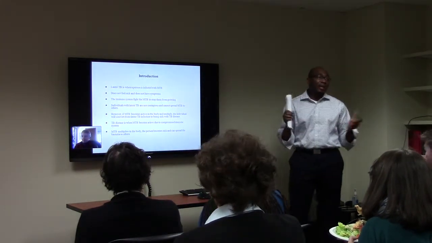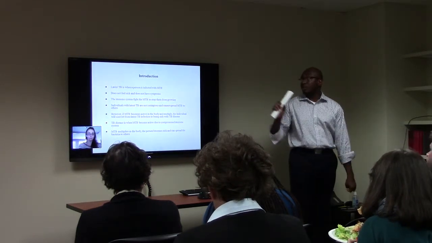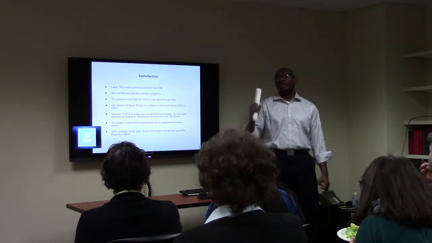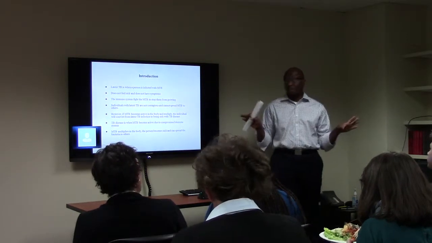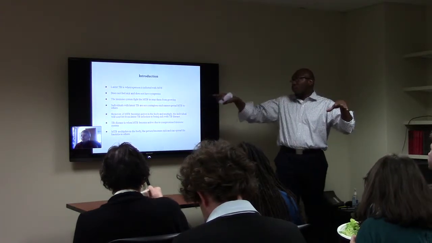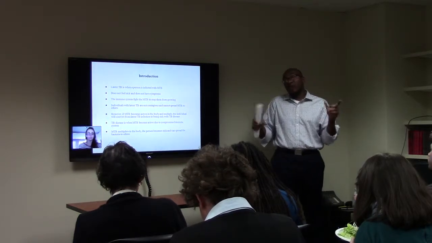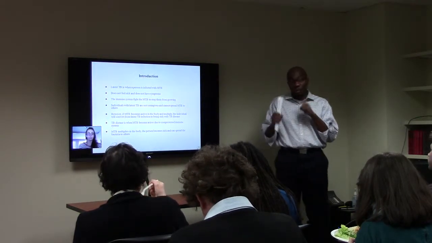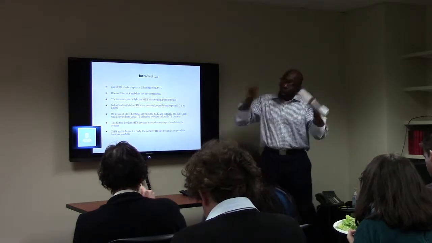Tuberculosis can be divided into two: latent TB and the active form of TB. The individual with latent TB does not feel sick, and they don't have any symptoms of the disease, because the immune system is keeping the MTB, that is the Mycobacterium tuberculosis, in check. However, if there's anything that compromises the immune system, then the TB bacterium will overwhelm the system.